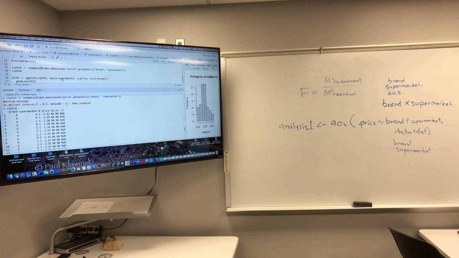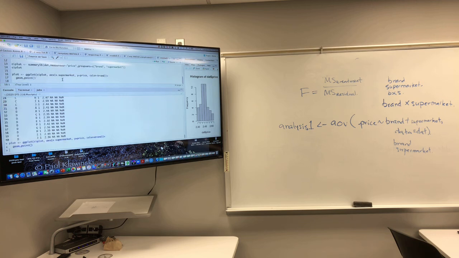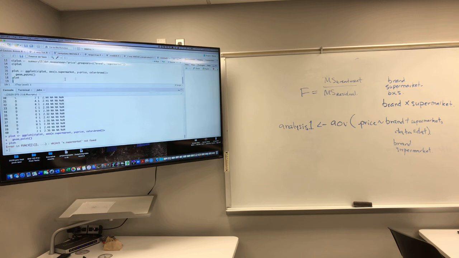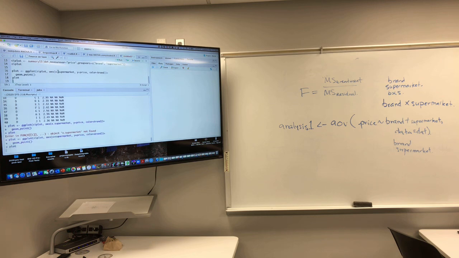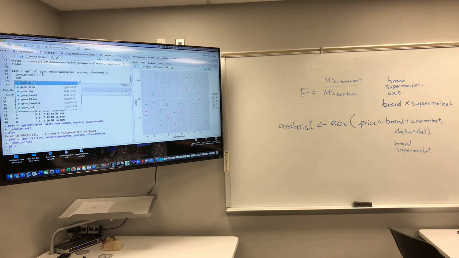And when we get this, it's a yucky looking plot. So let's put some lines.